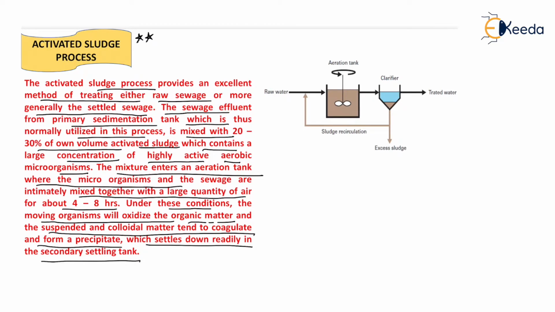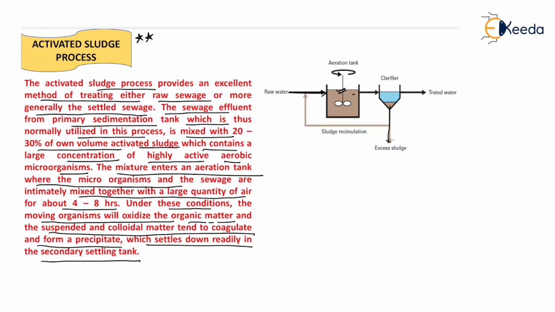Now its complete figure is shown here. The raw water is supplied to an aeration tank where we supply a large amount of air so that all the microorganisms come into the activated form. Then we send this water to the secondary clarifier where the charged microorganisms decompose all the organic matter, and the organic matter is removed in the form of sludge.